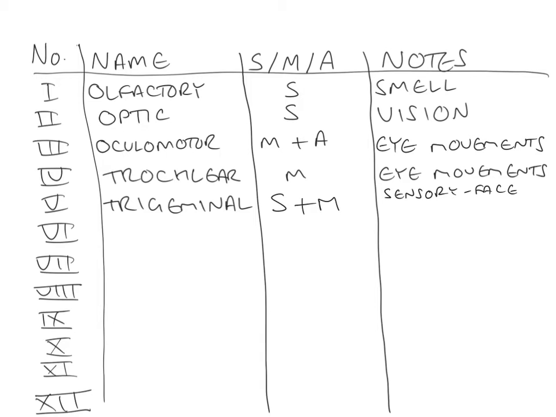And the motor component supplies a very specialist group of muscles known as the muscles of mastication. These are the chewing muscles. So it's very important if you want to chew to have a trigeminal nerve.